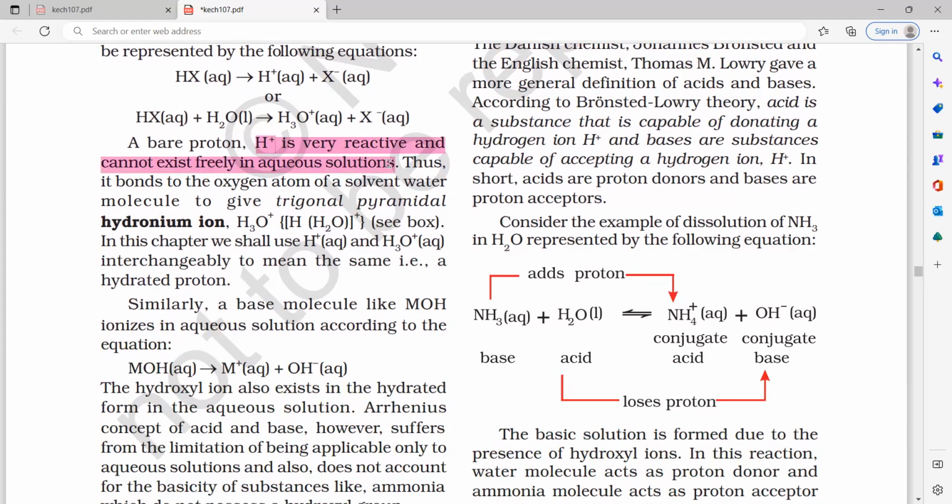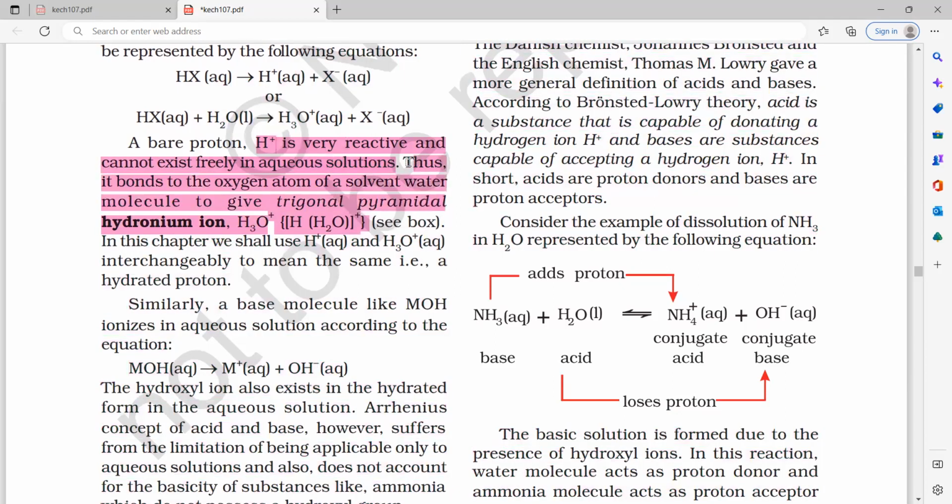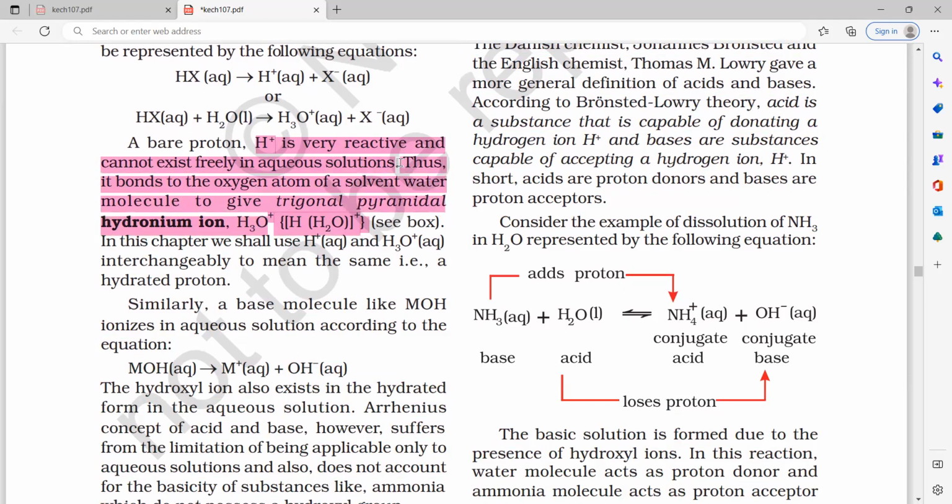Thus, it bonds to the oxygen atom of a solvent water molecule to give the trigonal pyramidal hydronium ion, H3O positive. So you can remember the hydronium ion is H3O positive and its shape is trigonal pyramidal. We shall use H positive and H3O positive interchangeably to mean the same, that is a hydrated proton.